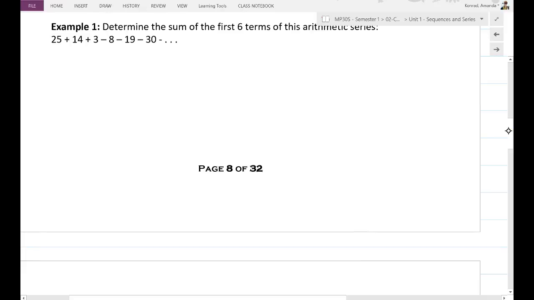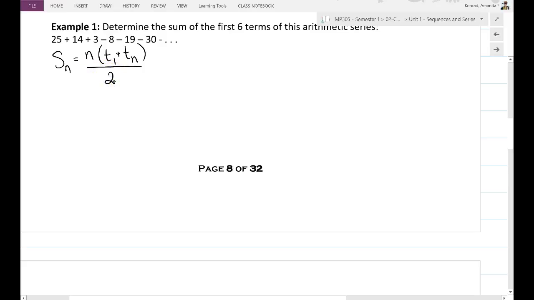So just like the previous lesson, I always want to start by writing out my equation. Sn equals n(t1 plus tn) divided by 2.